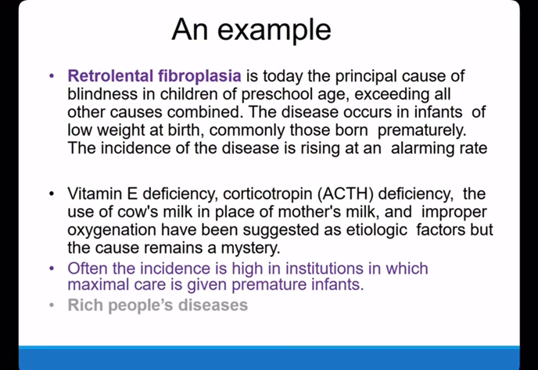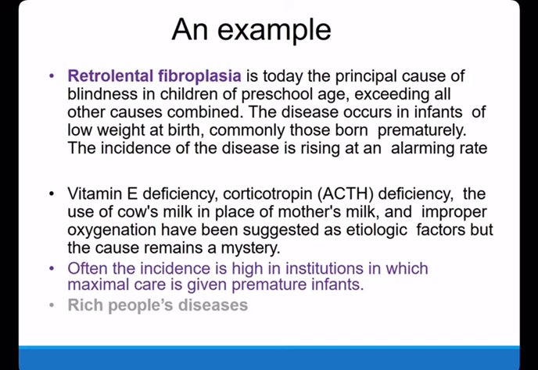Let's take an example to see how the causes of retrolental fibroplasia were discovered. Retrolental fibroplasia is today's principal cause of blindness in children of preschool age, exceeding all other causes combined. The disease occurs in infants of low weight at birth, commonly those born prematurely. The incidence of the disease is rising at an alarming rate.